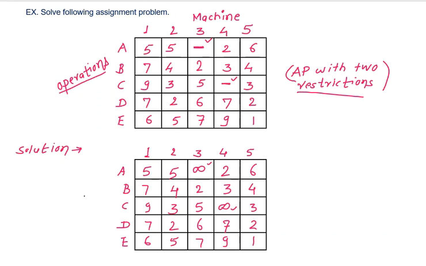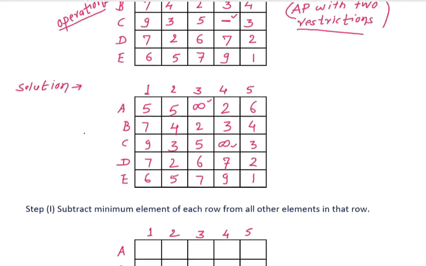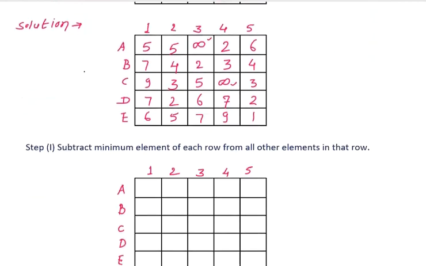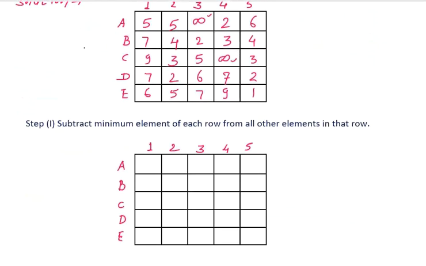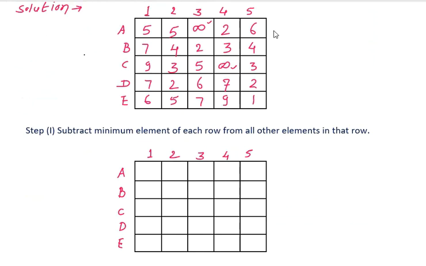So now let us apply step number 1. Subtract the smallest number of each row from all the numbers in that row. So what is the smallest number in the first row?